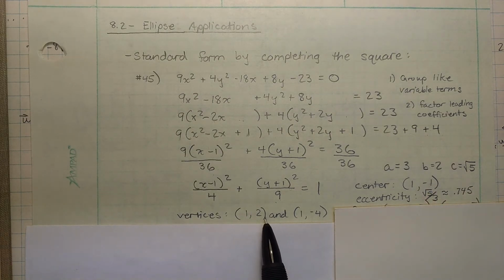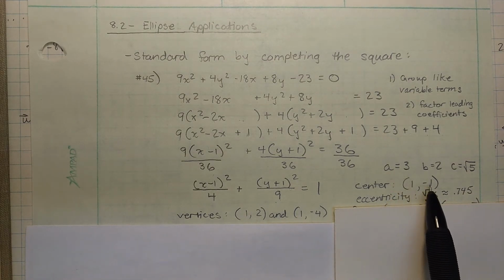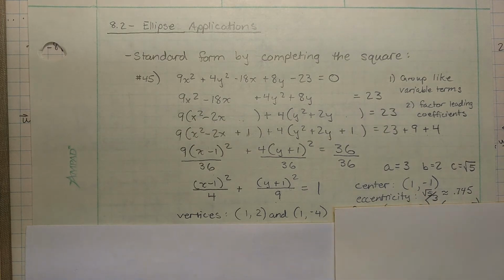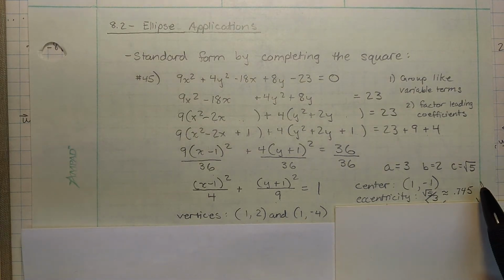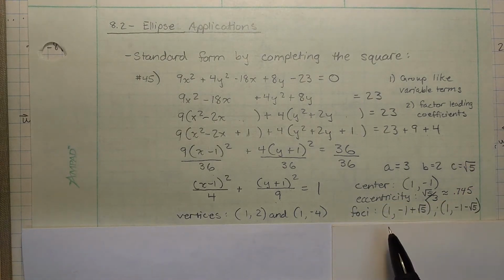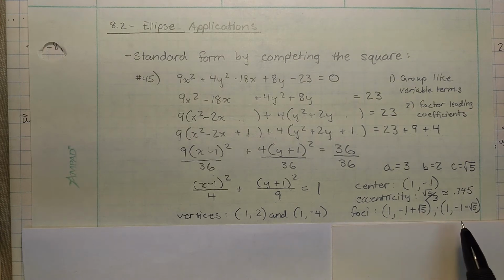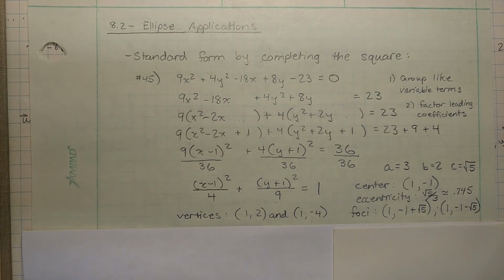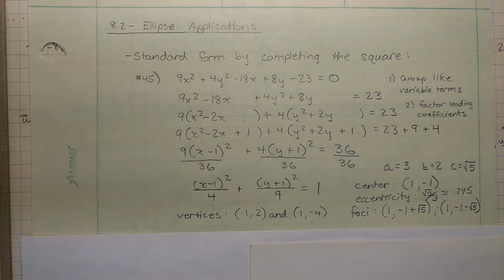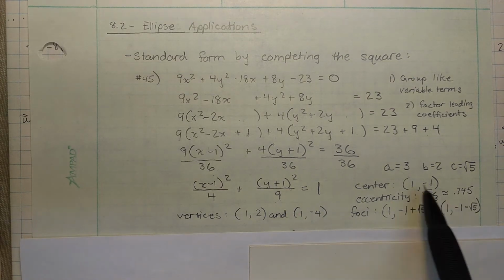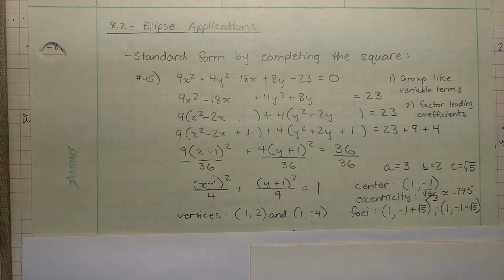So I have 1, 2 if I add 3 to the -1, and 1, -4 if I subtract. The foci, I must add and subtract the radical 5. So I have 1, -1 plus radical 5, and 1, -1 minus radical 5. So that's finding all the significant features after getting it in standard form.